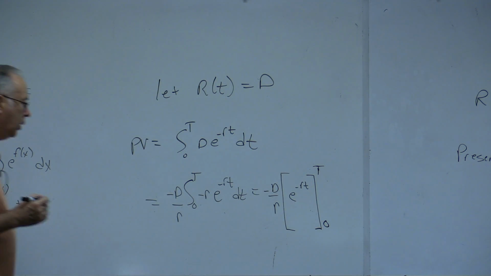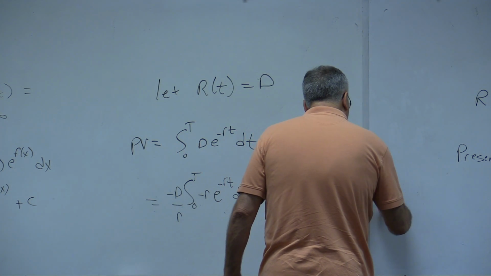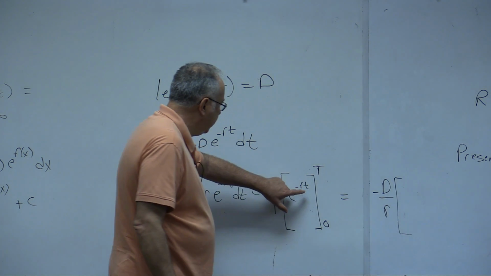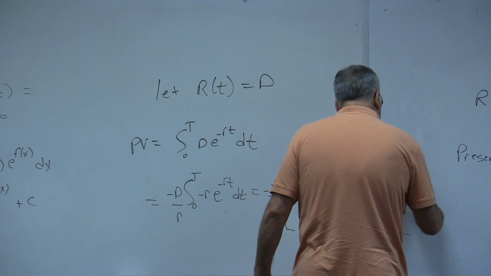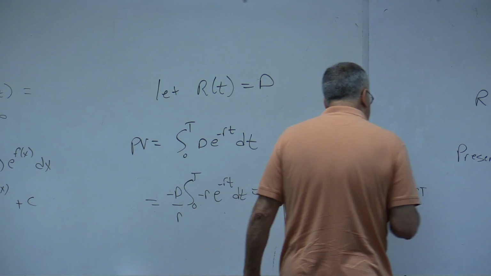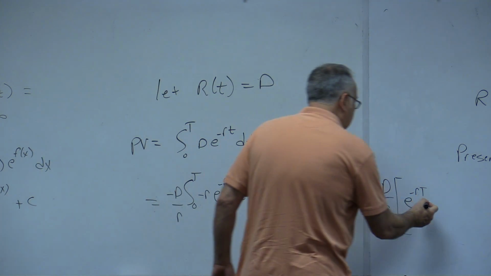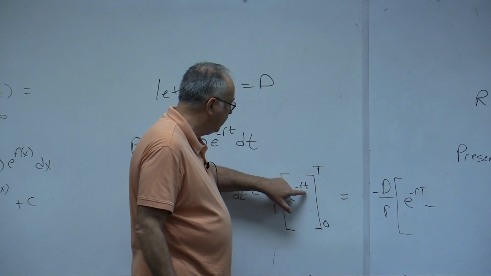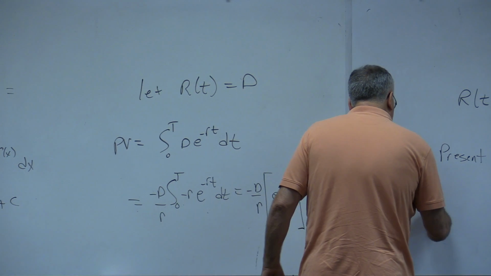Okay. So this is equal to minus d over r times, if you just substituted a capital T here, this will just be e to the minus r capital T. And then minus, if a little t is 0, then this will be what? 1. Okay.